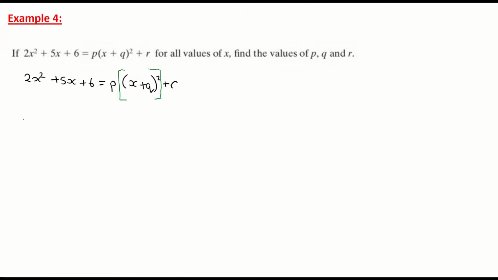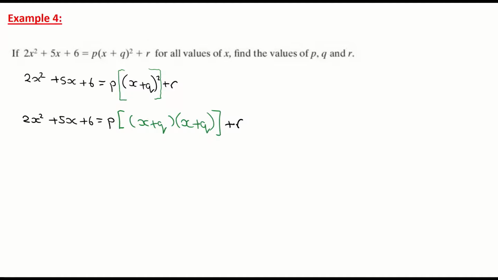So that's giving me 2x squared plus 5x plus 6 equals p times [(x plus q) squared]. (x plus q) squared basically means (x plus q) times (x plus q). That's what a squared means. So it's (x plus q) times (x plus q), and I close my square bracket, and don't forget I have to add on that r at the end.